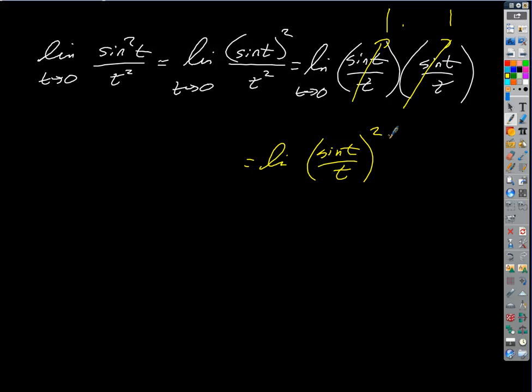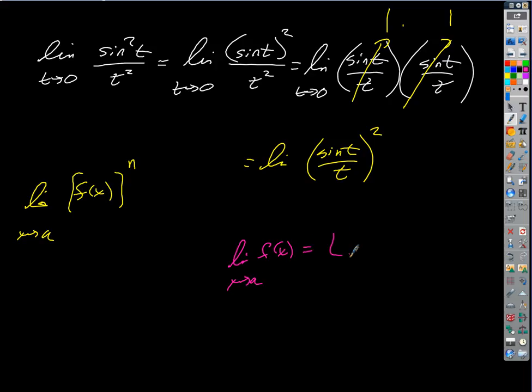We know that if we have a property of limits, if I have the limit of f of x to the n as x approaches a, let's just say that we know that the limit of f of x as x approaches a is L. What could I do with this then? If I'm taking a limit to a power.